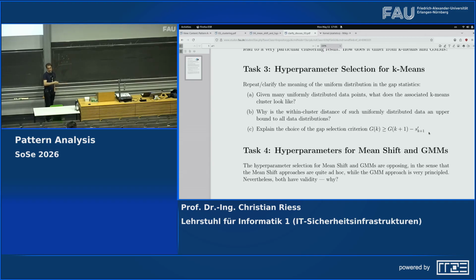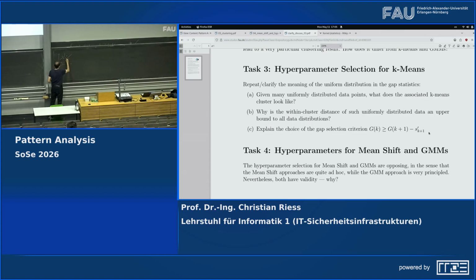And then we can construct the cluster boundaries by looking at the lines between the centers. Something like this, this, this, if it makes sense.